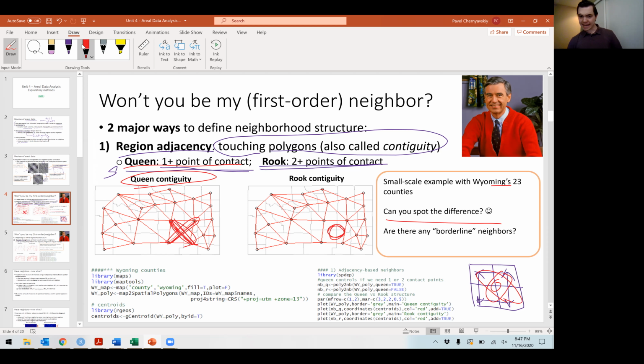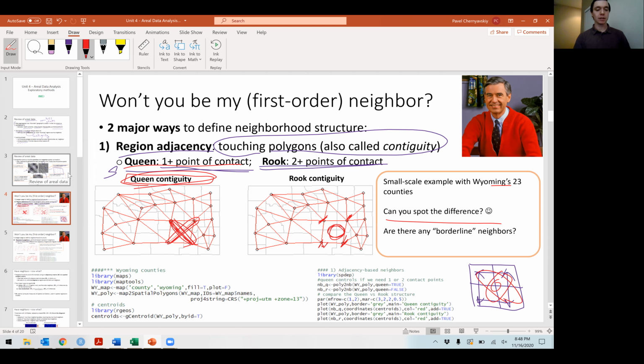And so we're looking at whether Natrona County and Albany County are neighbors, and Carbon County and Converse County are neighbors or not. Quite honestly, I don't know if it makes much of a difference. Most of the statisticians, in most papers that I've seen, use queen contiguity.